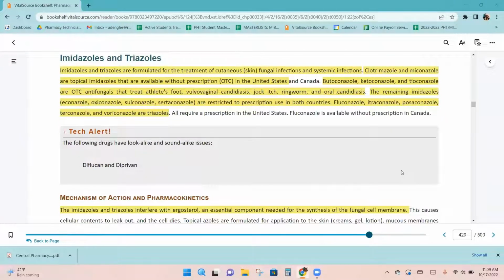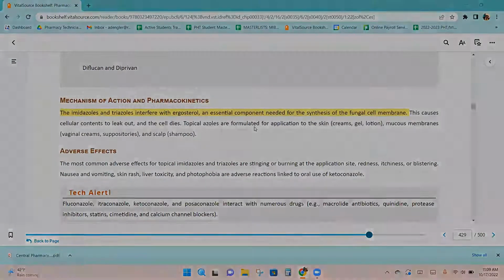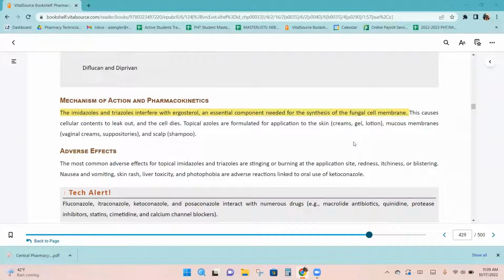Fluconazole, itraconazole, posaconazole, terconazole, and voriconazole are also all triazoles, and they all require prescription. The imidazoles and triazoles interfere with ergosterol, an essential component needed for the synthesis of the fungal cell membrane.